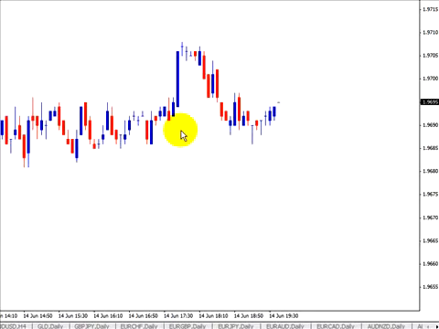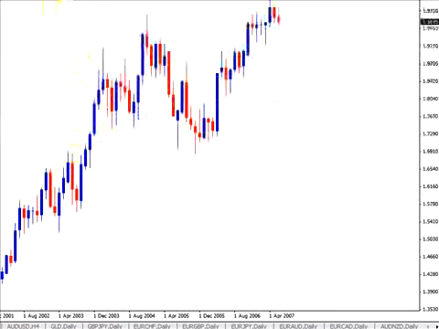The first thing you need to understand is that this is a 5-minute chart of the Great British Pound versus the US dollar. And if I go to a much longer time frame, a monthly time frame of the Great British Pound US dollar, we've gone from a 5-minute time frame to a monthly time frame. What we're seeing is the exact same data displayed in a different format.